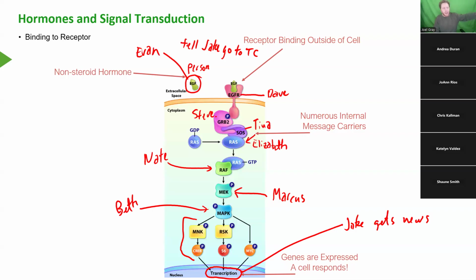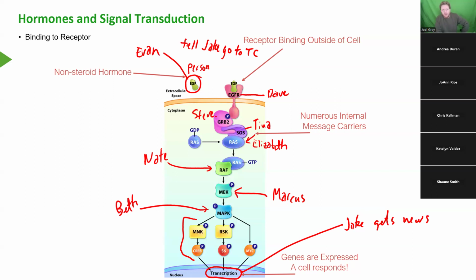Now, that is the parallel of what happens. There was a message that was outside of the cell that could not get in. EGFR is that message. There are a bunch of proteins involved to relay that message. It's kind of like when I was in elementary school, we played the game Telephone, where it's a line of 30 people and you whisper something in someone's ear, but the message gets all distorted.